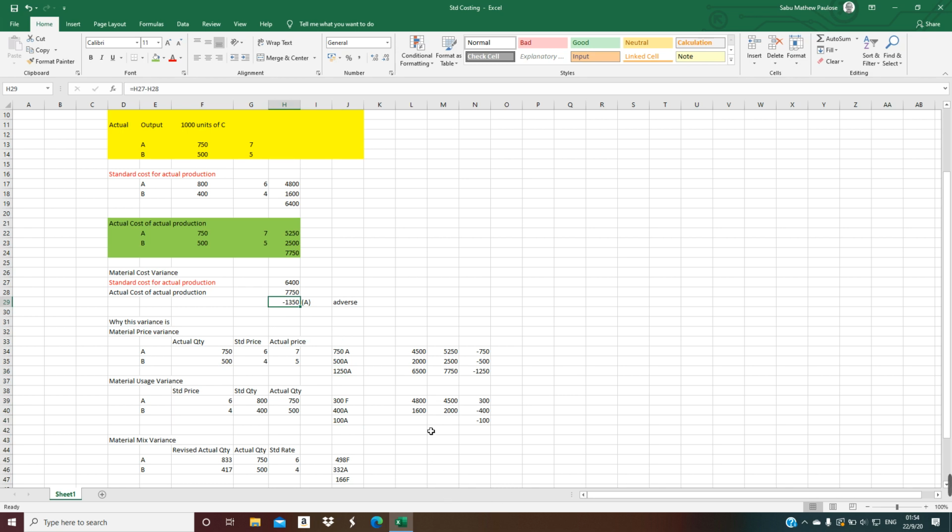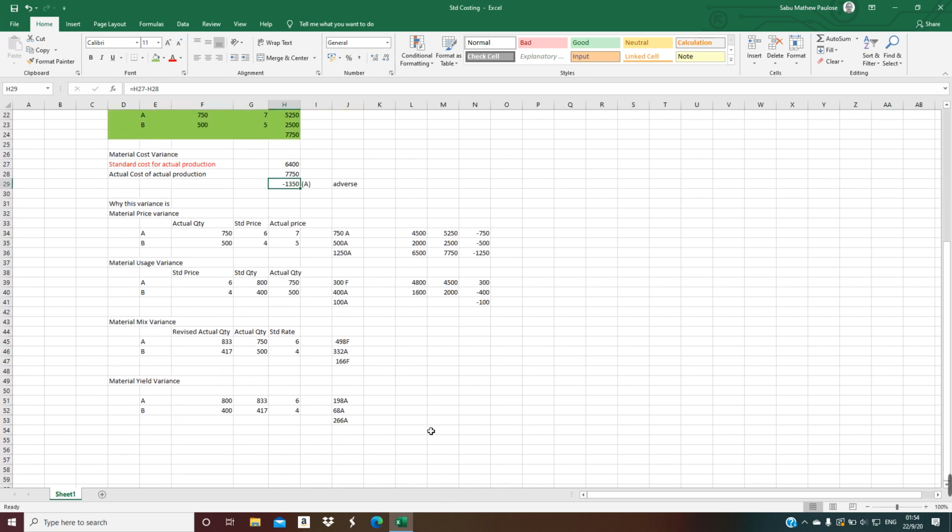Again, there are two other reasons also. We can split this material usage variance into two. This 100 adverse is composed of two other variances.